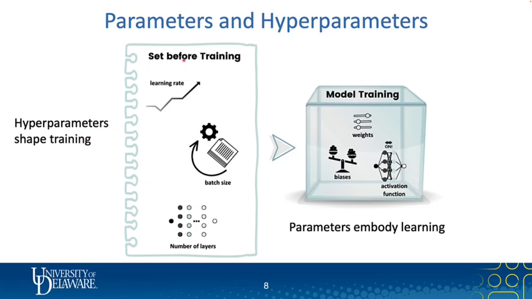As we said before training, these are things like learning rate, batch size, number of layers in a neural network. Basically, anything in machine learning and deep learning whose value or configuration you choose before training is called a hyperparameter. These are said to be external to the learning.